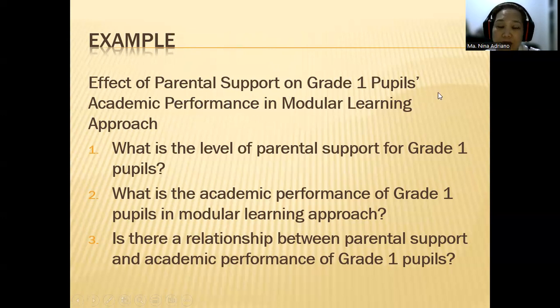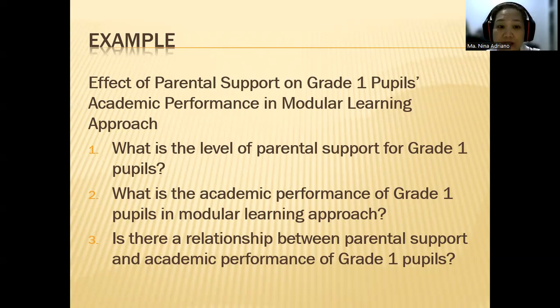These are two variables that you will also use as headings in your study. You may tell me, Ma'am, there are only two variables. What's the third variable? Because you have here the effect, the third heading in your review of related literature is parental support and academic performance. Let's discuss that further.